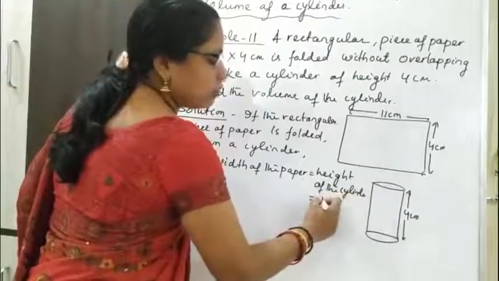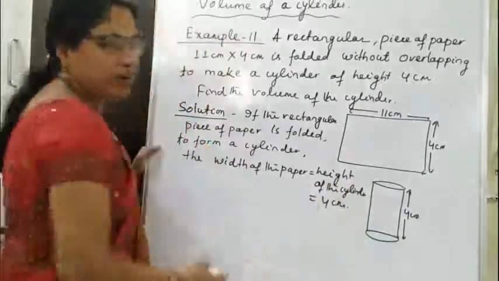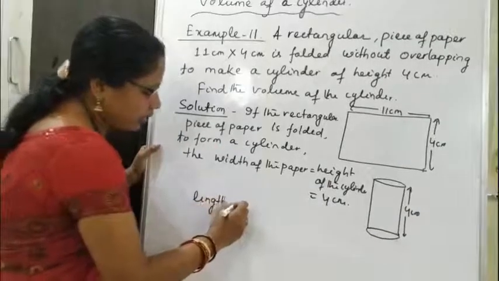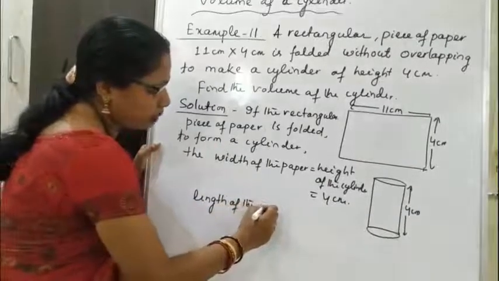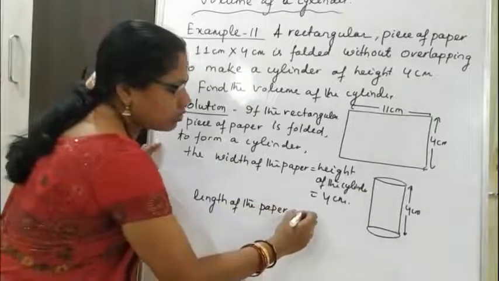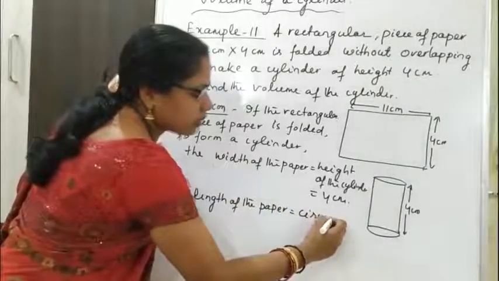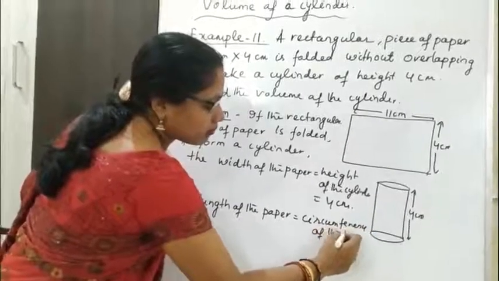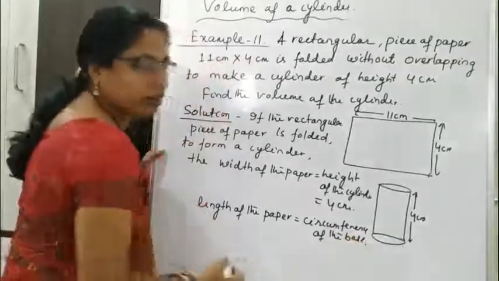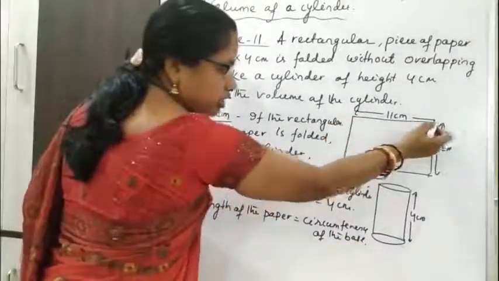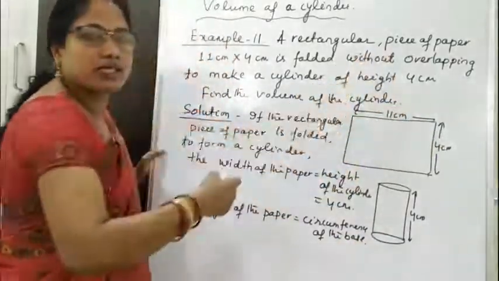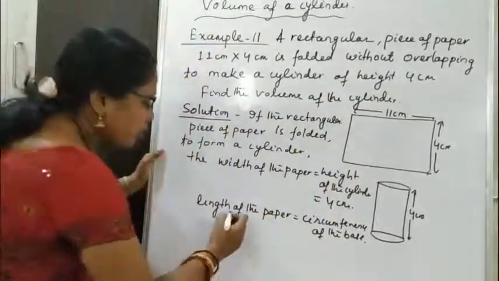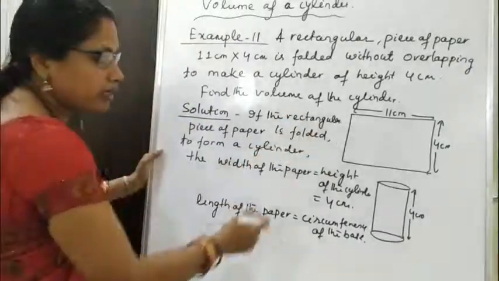That is equal to 4 centimeter. And the length of the sheet of paper is equal to the circumference of the base. That means this length is folded to form a circle, that is the base of the cylinder. So the length of the paper is 11 centimeter.